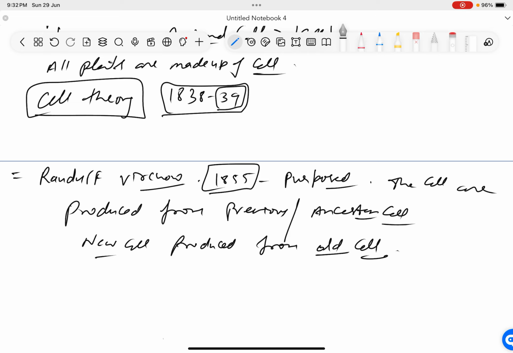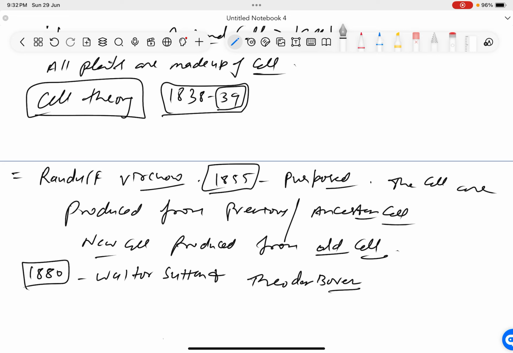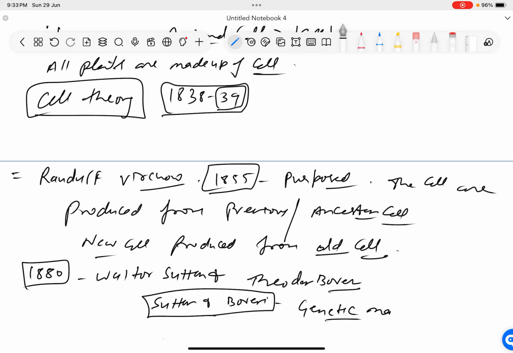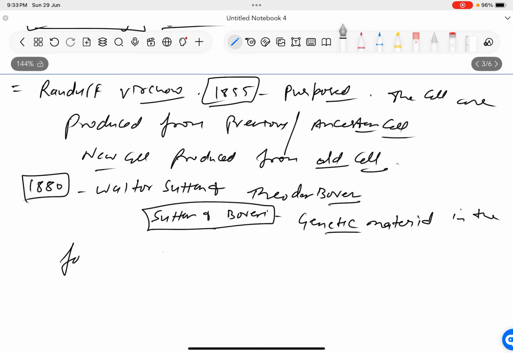Later on, in 1880, Walter Sutton and Theodore Boveri, simply Sutton and Boveri, proposed that the cell contains genetic material in the form of chromosomes.